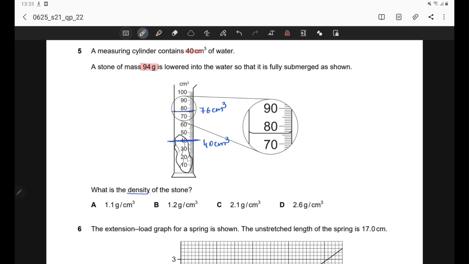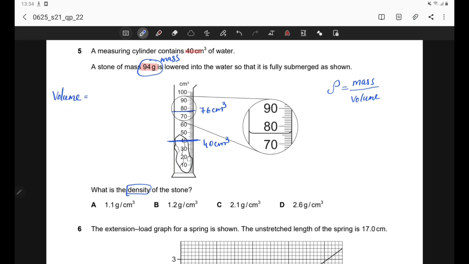What is the density of the stone? We need to calculate density, and we know that density is the mass of the stone over the volume of the stone, where the mass of the stone is already given, but we need to calculate the volume of the stone. So how can we calculate this volume of the stone?